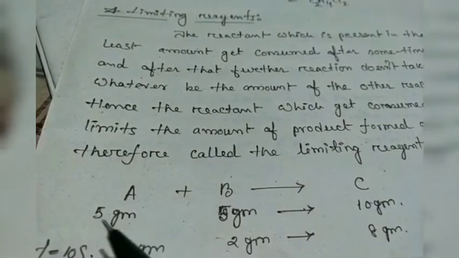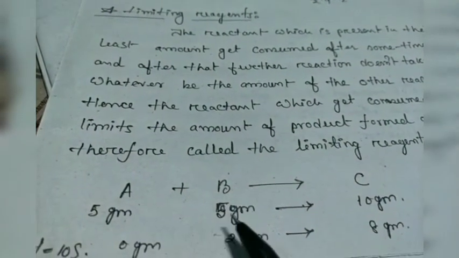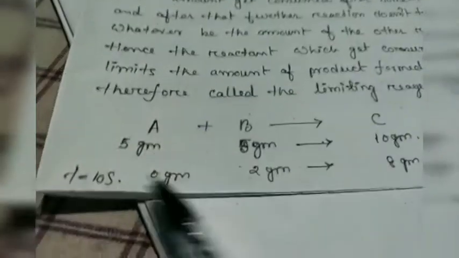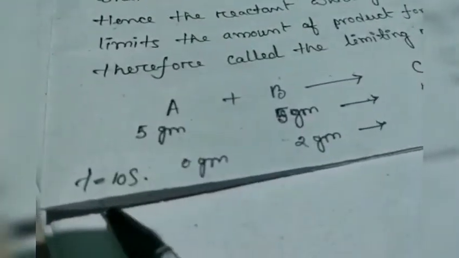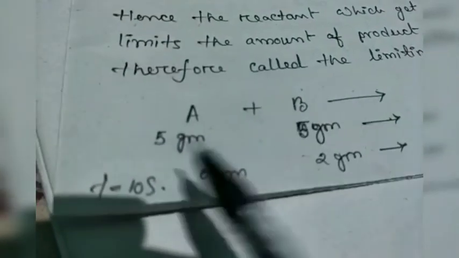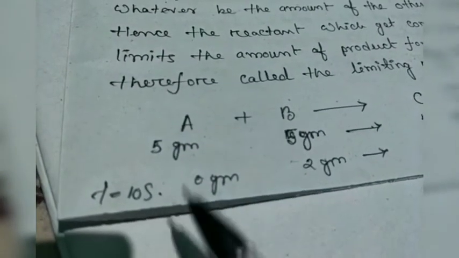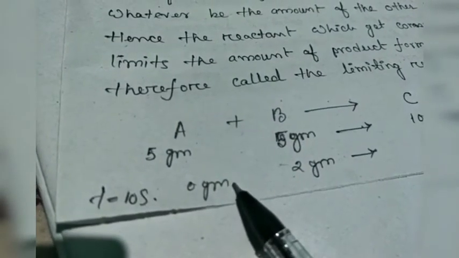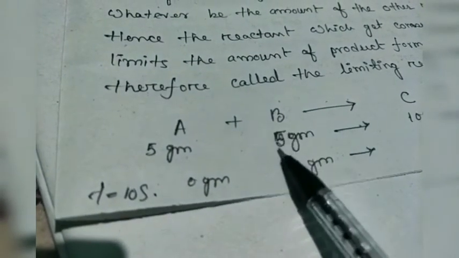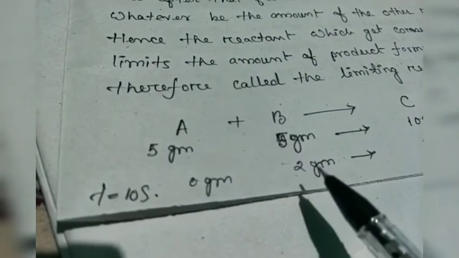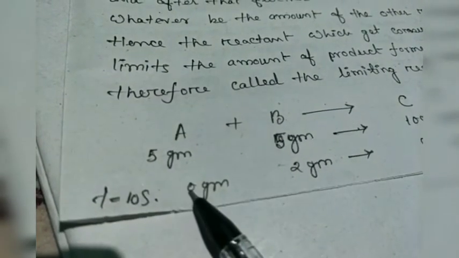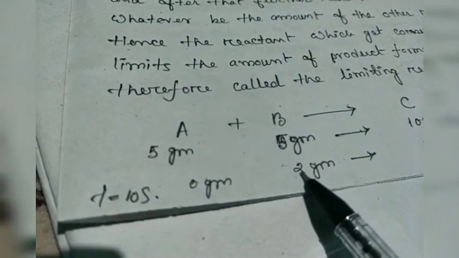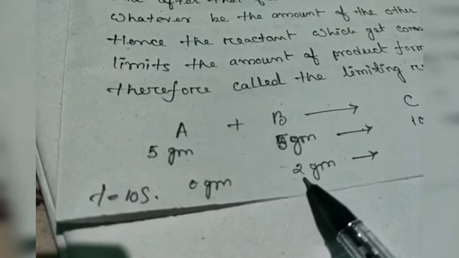When we add 5 gram of A and 5 gram of B to produce 10 gram of C, after some time, suppose after 10 seconds, the 5 gram of A decreases to 0 gram, and the 5 gram of B decreases to 2 gram. That means B decreases by 3 gram to become 2 gram.